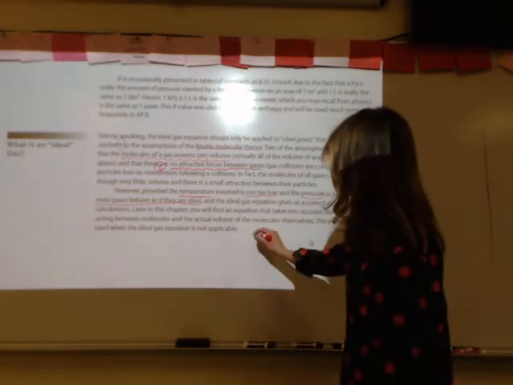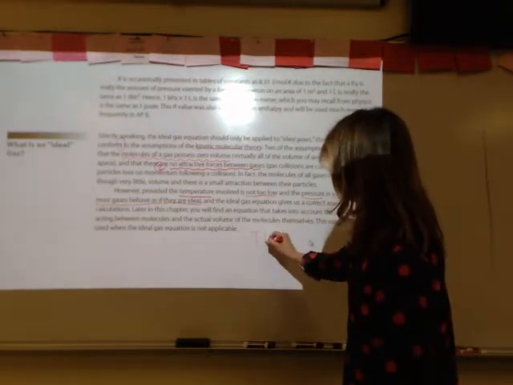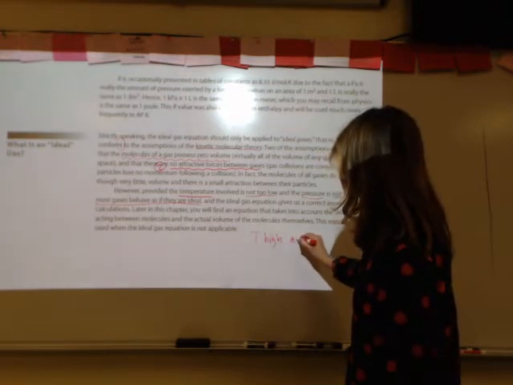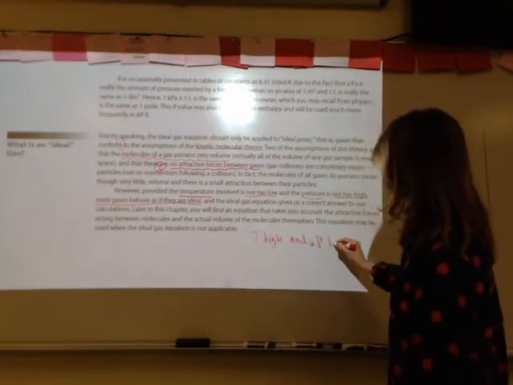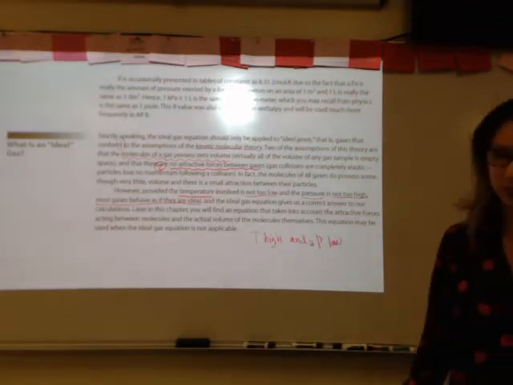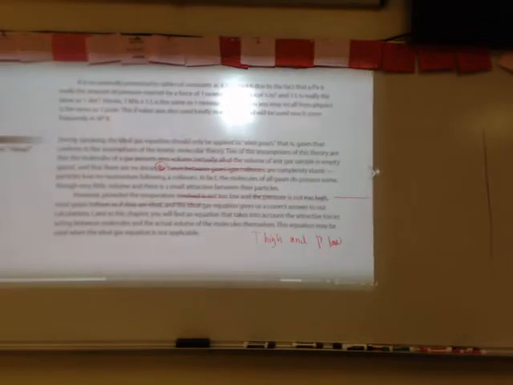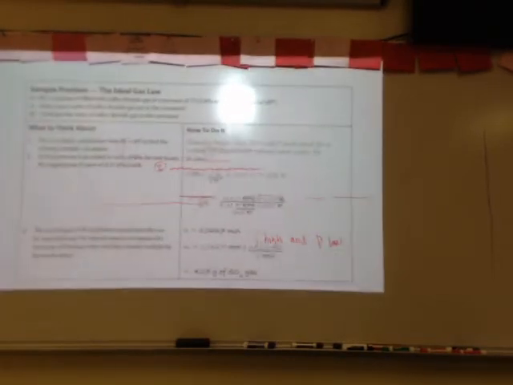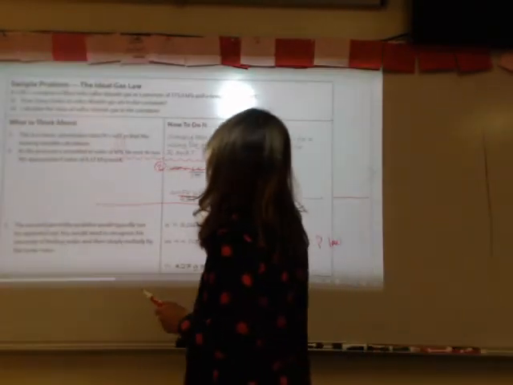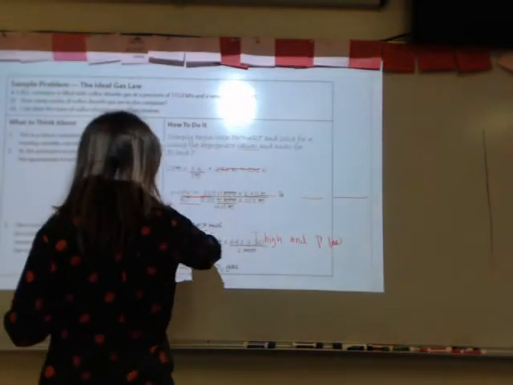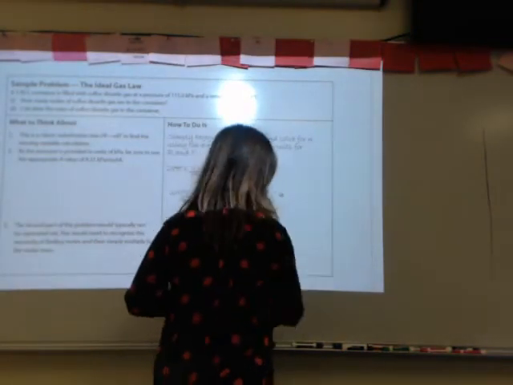So you need to keep in mind that the temperature should be high and the pressure should be low. That is when gases are going to behave ideally. So let's take a look at the next page, and let's go ahead and practice applying this concept.